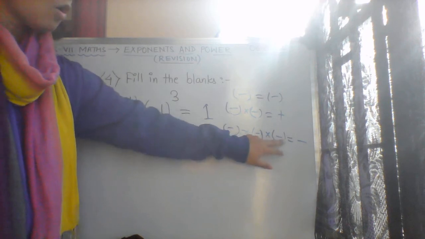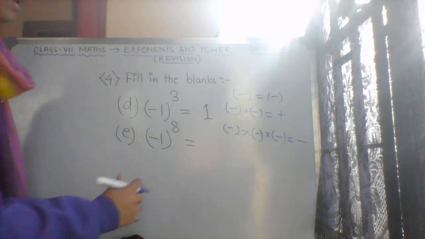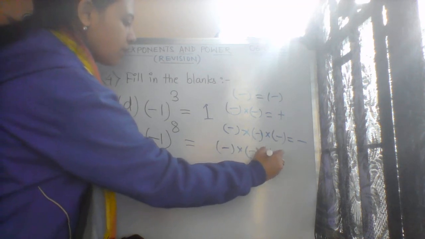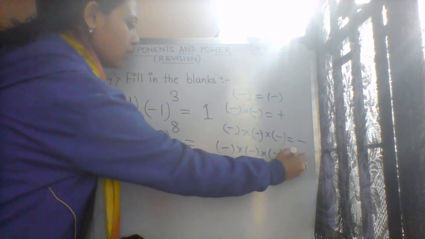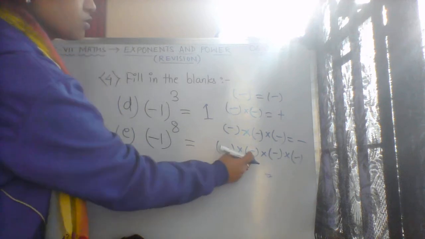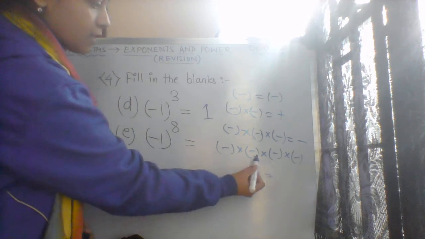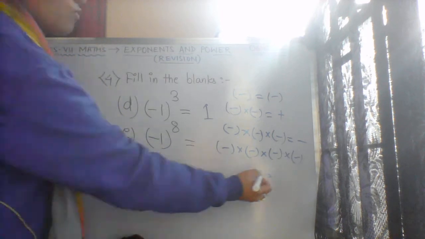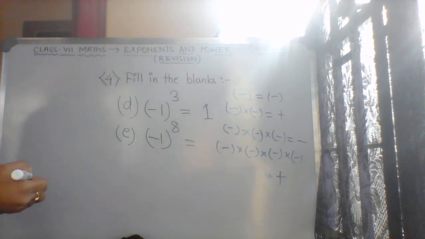When it is odd, it is minus. If you take minus 4 times: minus into minus plus, plus into minus minus, again minus into minus plus. So finally we will get plus.